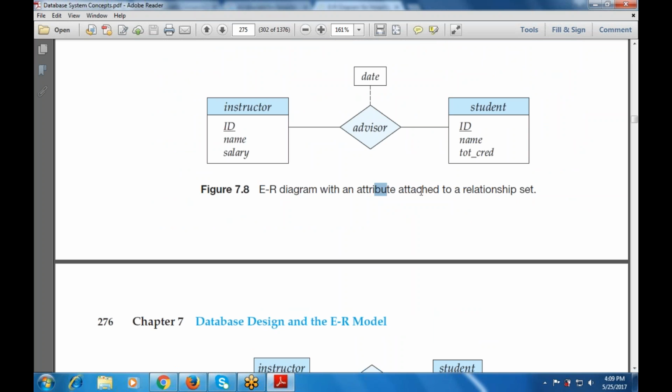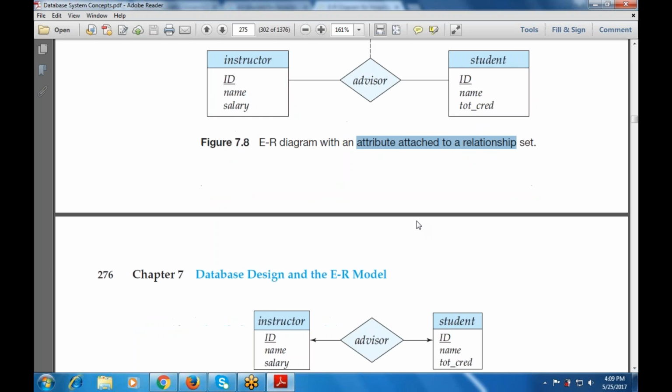This is the ER diagram with an attribute attached to a relationship set.